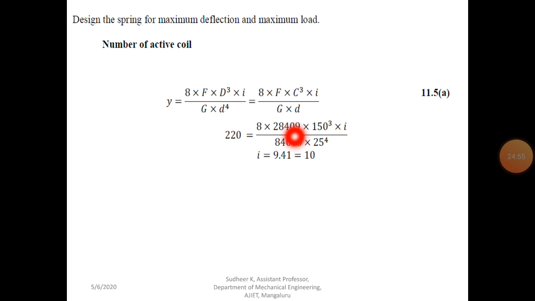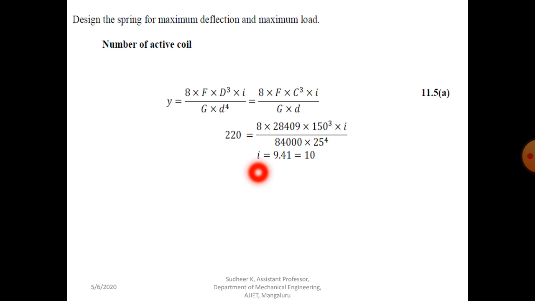Now once you get the value of F, you can design the spring for maximum deflection and maximum load. The number of active coils you can find based on the deflection. This is one of the important questions they ask, because there is no need of designing here; all the values are given, such as mean diameter of coil and diameter of wire, so you can calculate the spring index, capital C, also.